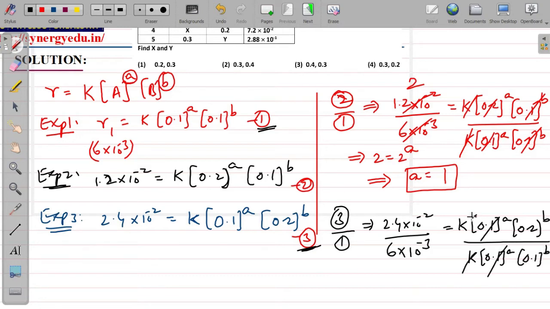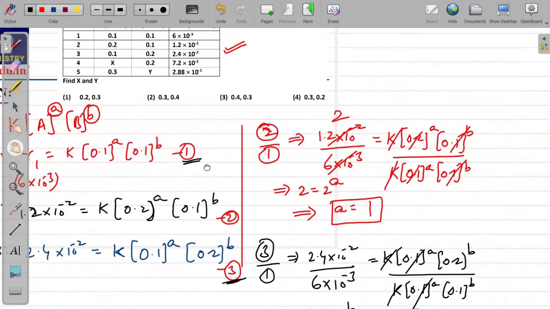So this cancels and you will get ultimately 4 is equal to 2 power b. So it says that b is equal to 2. Now we got a and b values. Now let's use these values to find x and y values.